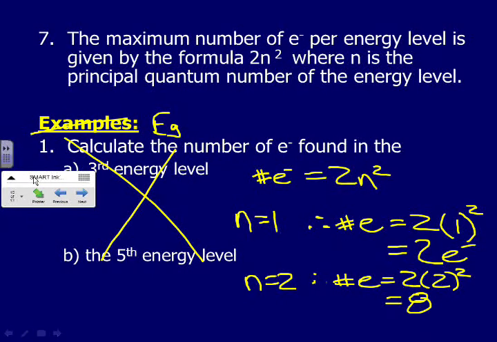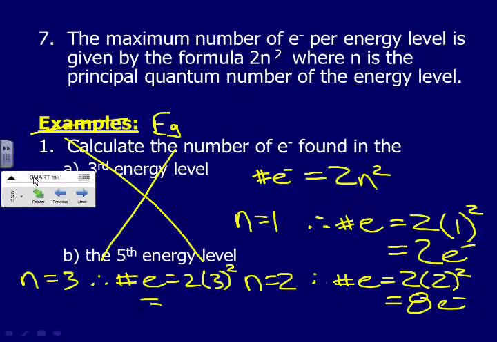And at this point, you guys are all going, yeah, man, this is good stuff. 2, 8, right? 2 and 8. N equals 3. Therefore, the number of electrons equals 2, 3 squared. How many electrons should go in the third energy level? Yeah, the mathematics gives us 18.